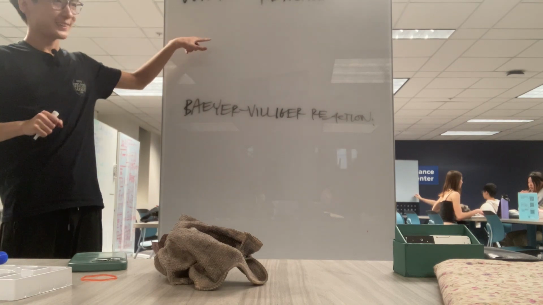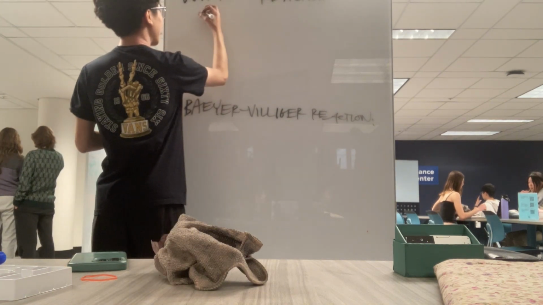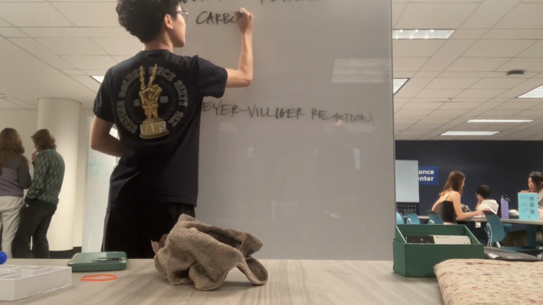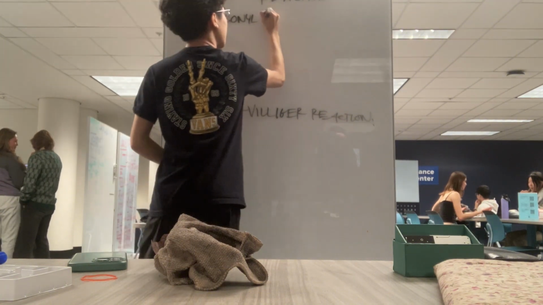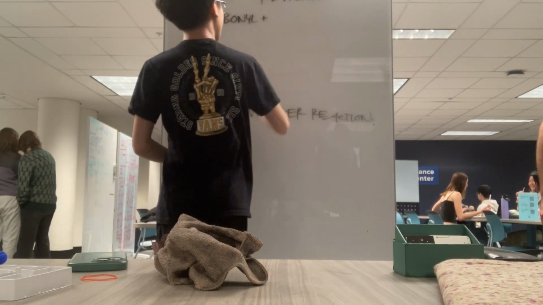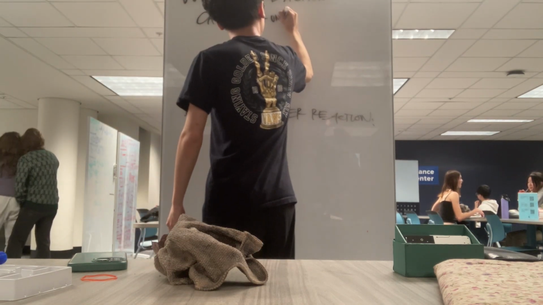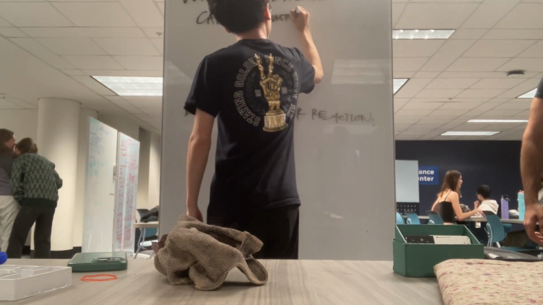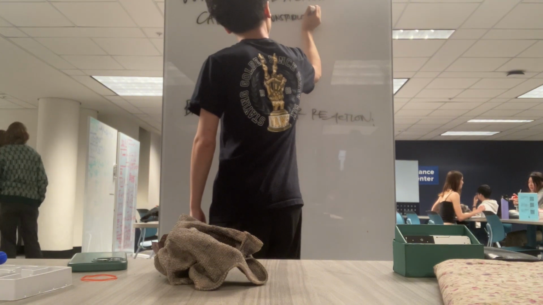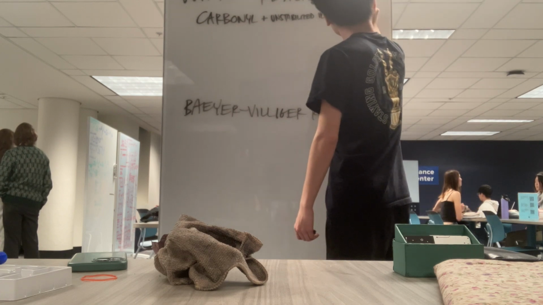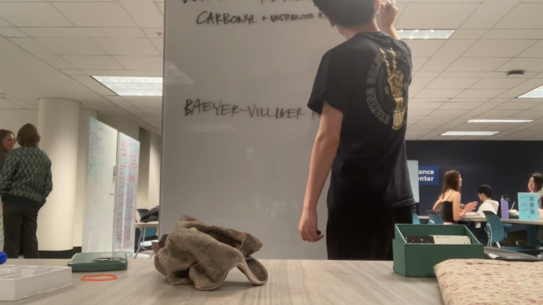So for Wittig reaction, we're going to have... How do you say Wittig reaction? A carbonyl plus an unstabilized ylid is going to give you a Z alkene.